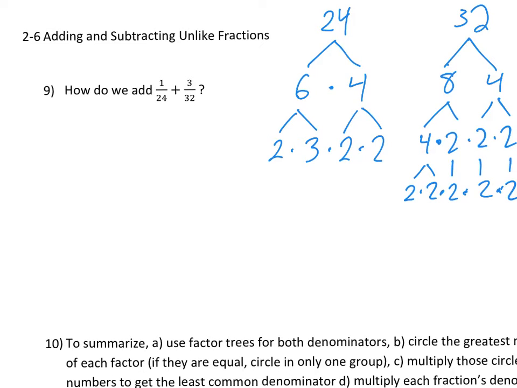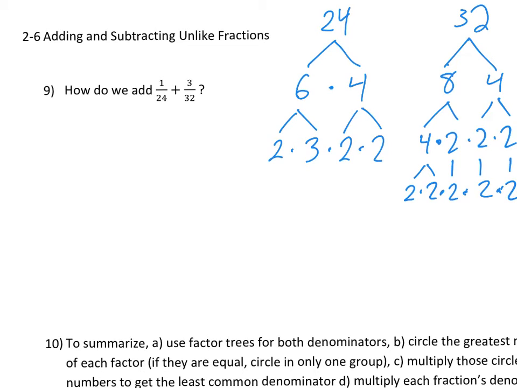Okay, so once I do this is where it gets a little bit tricky. In order to find the lowest common denominator, all of these factors need to go into the lowest common denominator, and in order to do that, I basically have to decide.